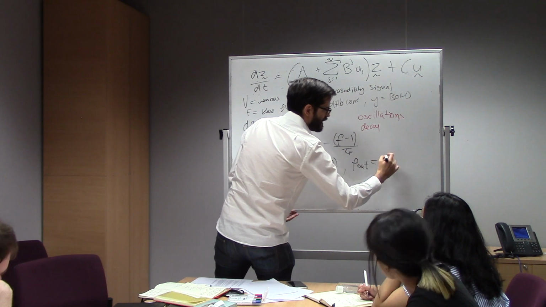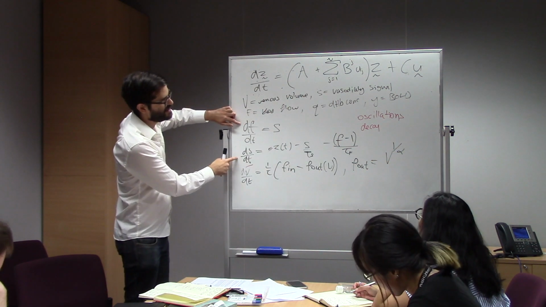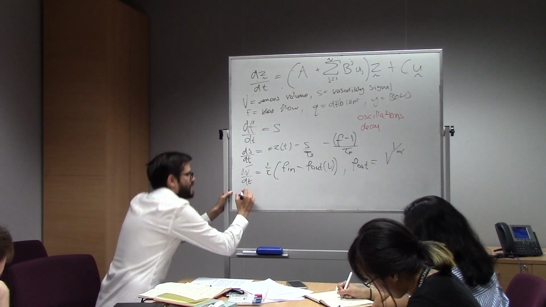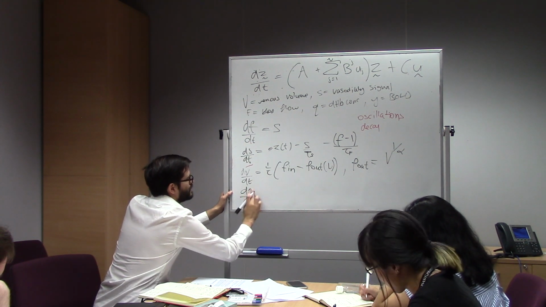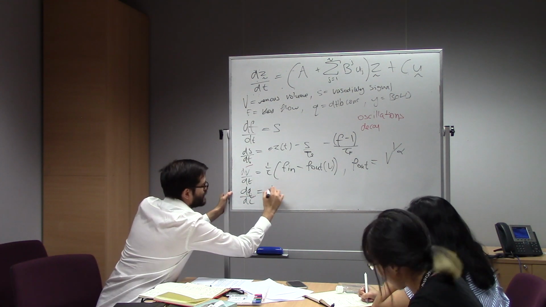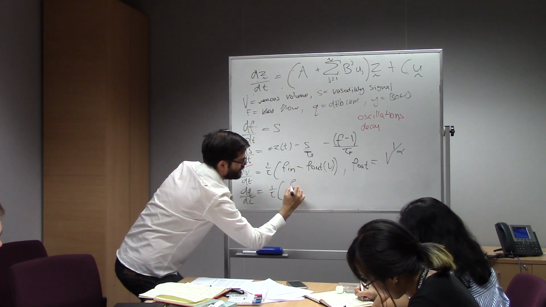So this is now a nonlinear function. It's no longer like we had before. These two are linear. This one is nonlinear now. And the last one is the change in DHB, dq/dt equals, again, 1 on tau F.